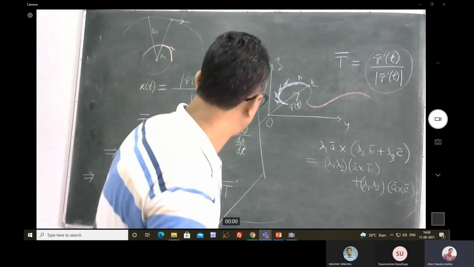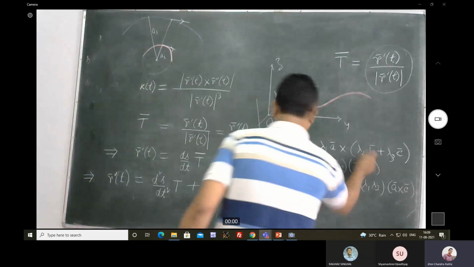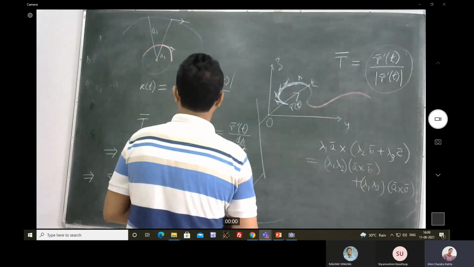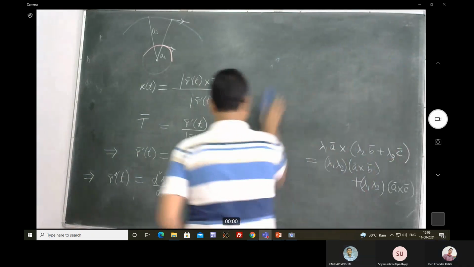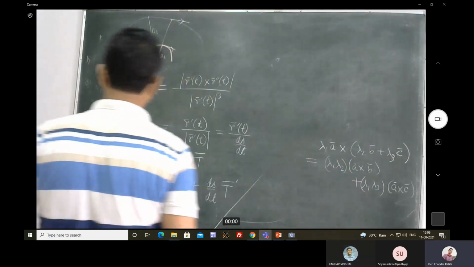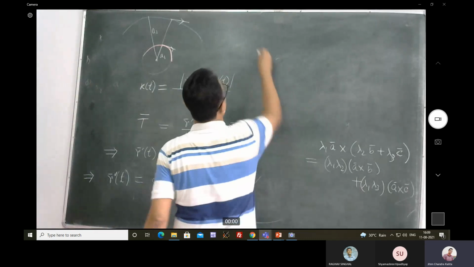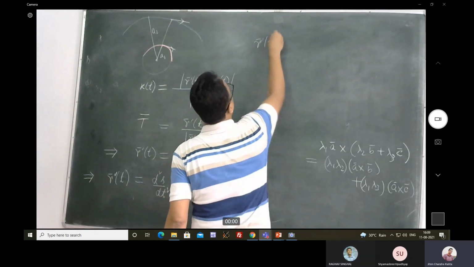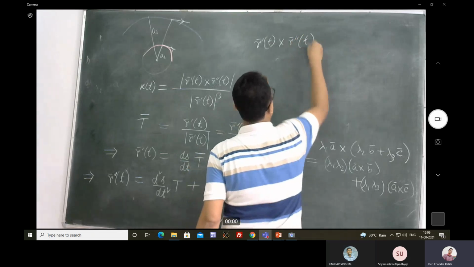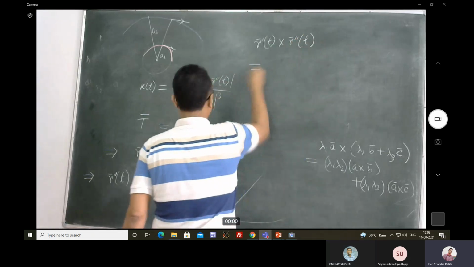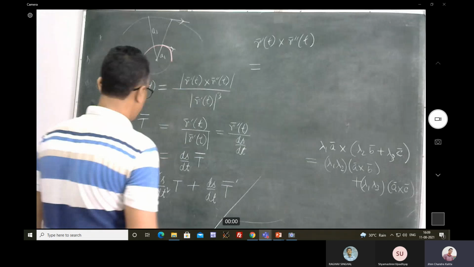Okay, fine. So now, if we follow this, and I try to find R prime t cross R double prime t, then from here, what is going to happen?